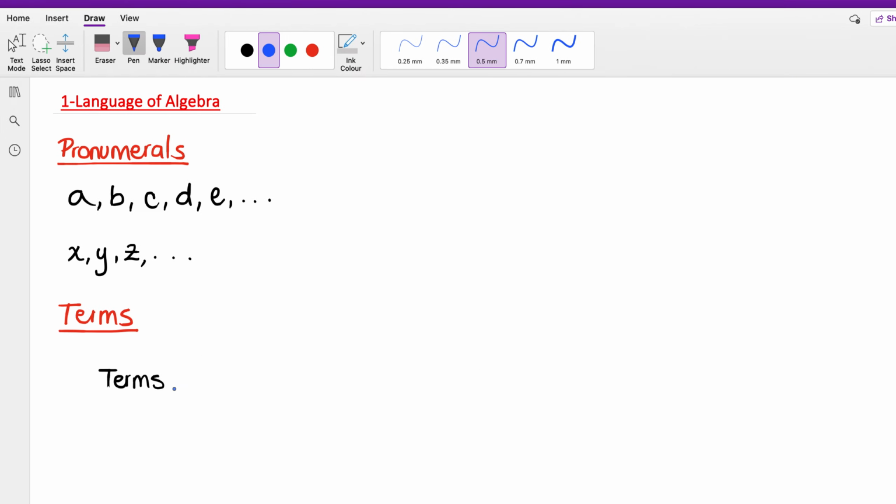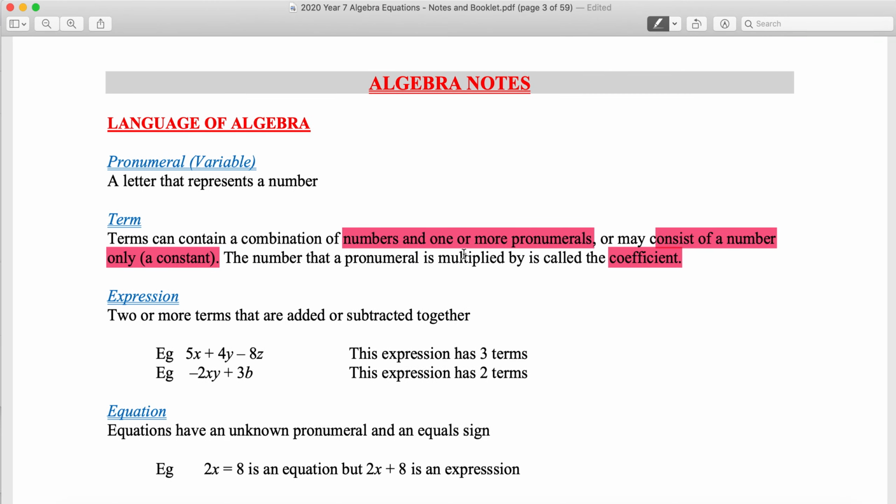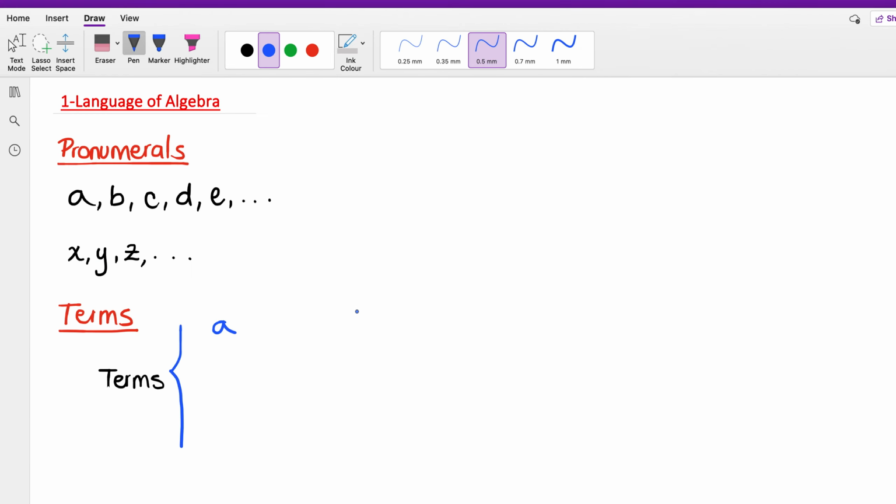So if that's true, let's talk about different examples. If I only have A, is that a term? Yes, because it's only a letter. It says here, one or more pronumerals. Wonderful. So there I have A, only one pronumeral. That's a term. Let's look at another one.